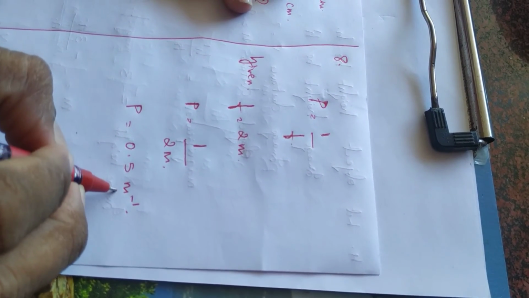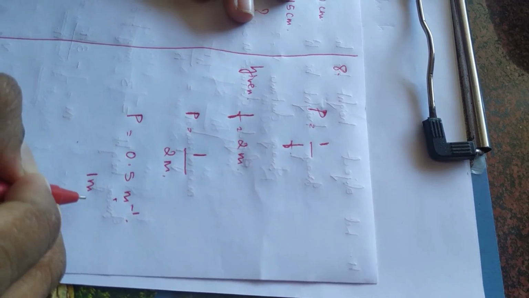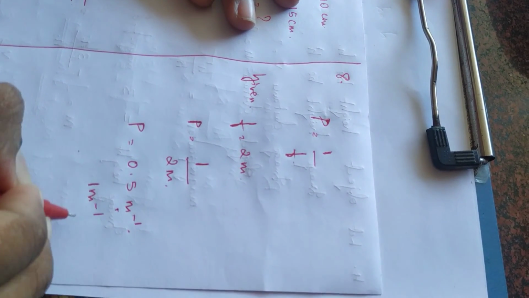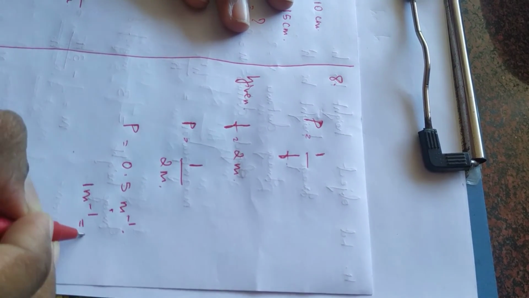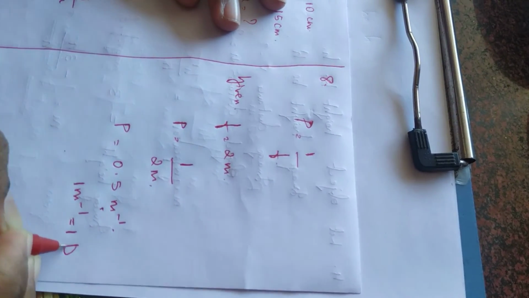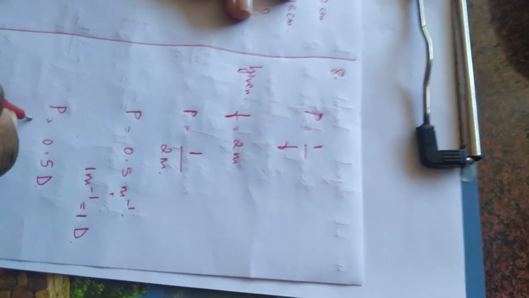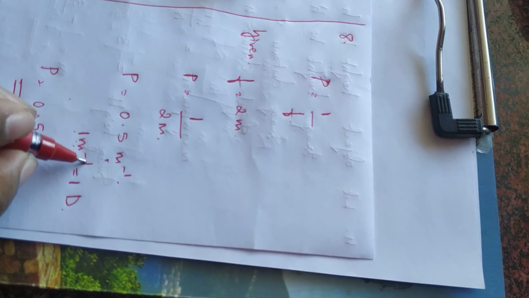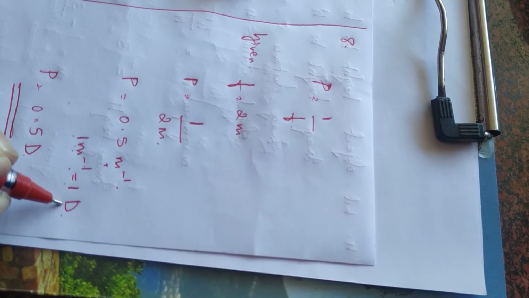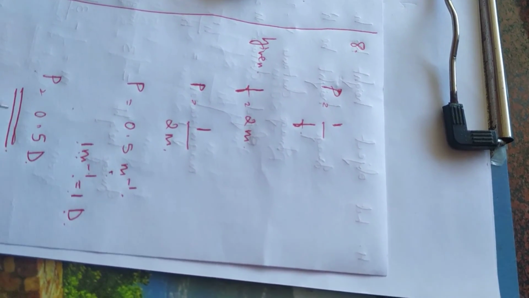But we have studied in the theory that 1 per meter, or meter inverse, is equal to 1 diopter, right? Therefore P is equal to 0.5 diopter. We have seen this in our theory part.